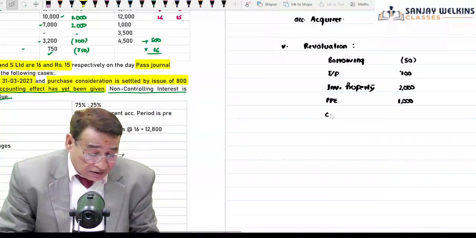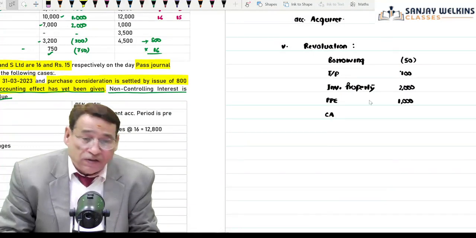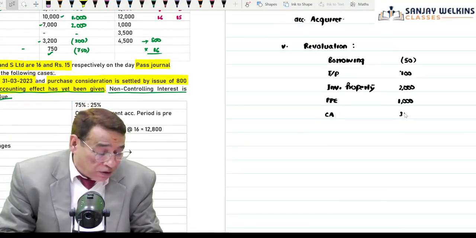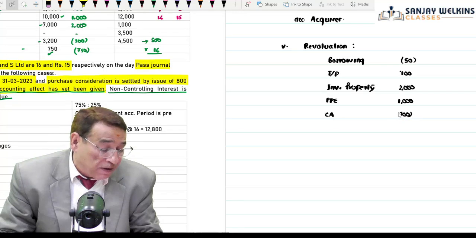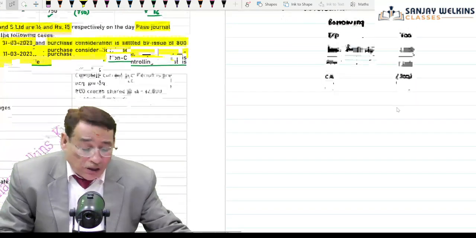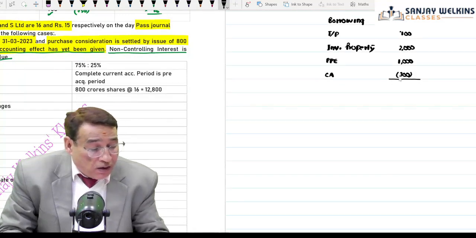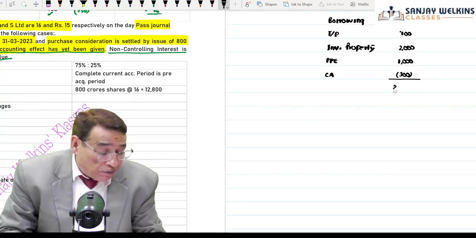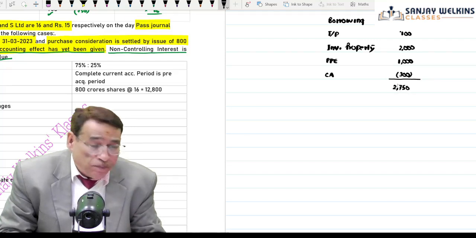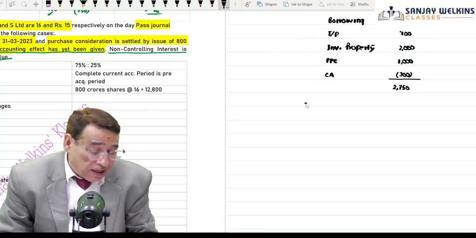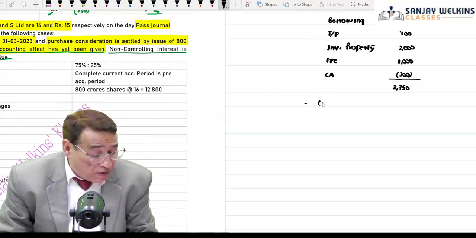And current asset. In case of current asset, there is a loss to the extent of 300 because the fair value is lesser than the balance sheet value. First, let me add it out. Net amount will be equal to 2,750. But at the same time, I must not forget to write the contingent liability, less contingent liability, because I am the acquirer entity.